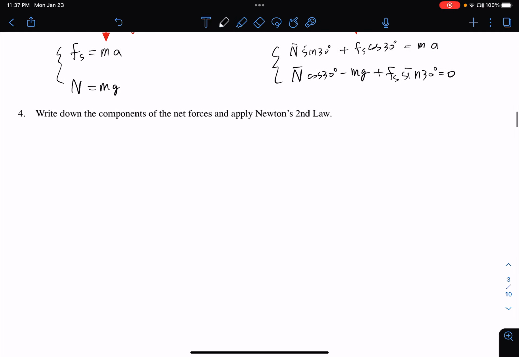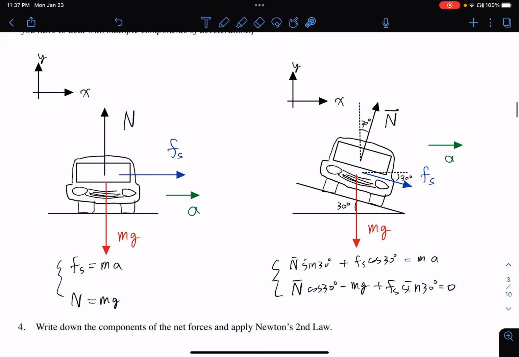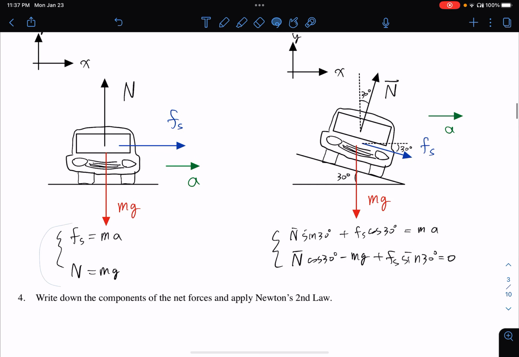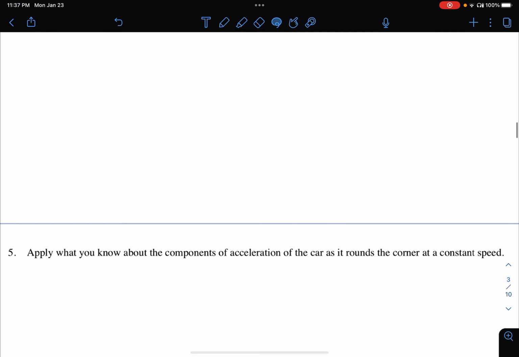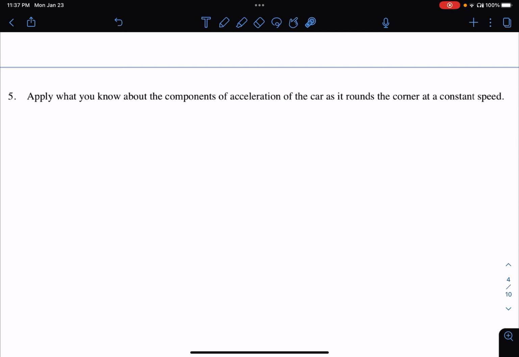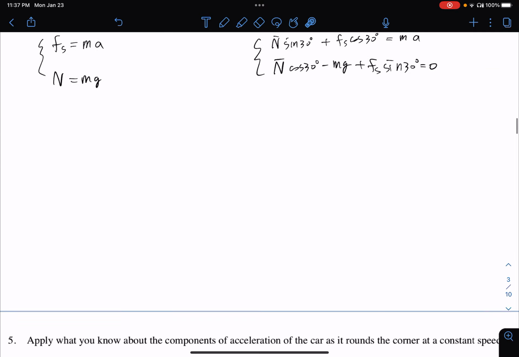Now we can write down the net force and apply Newton's second law, which we just did. So let's just copy paste everything to here. By applying what we know about these components, we should relate the acceleration to the speed of the car.